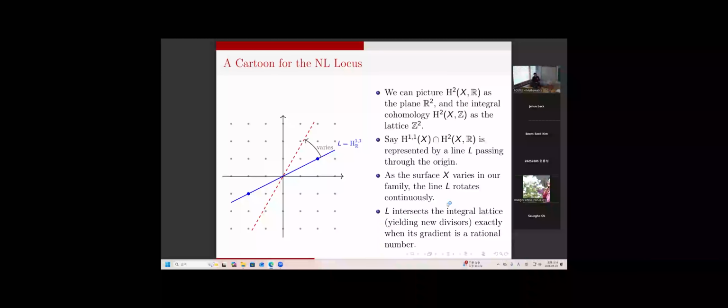And this is where you acquire a new divisor. So from the picture, you can see that in this case the Noether-Lefschetz locus is going to be analytically dense, not just Zariski dense, in the same way that rational numbers are dense in real numbers.